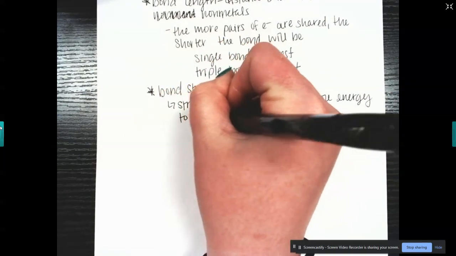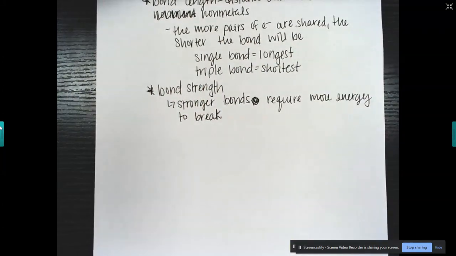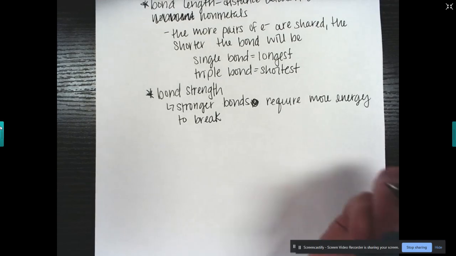And that's important because in our next unit, we're going to actually start talking about chemical reactions. And one of the things that has to happen in a chemical reaction is bonds have to be broken. And so as we're looking at breaking those bonds, the stronger the bond is going to require more energy in order to make that happen.